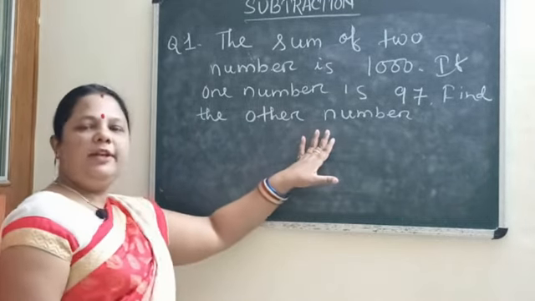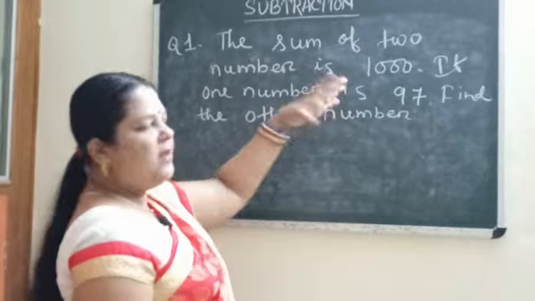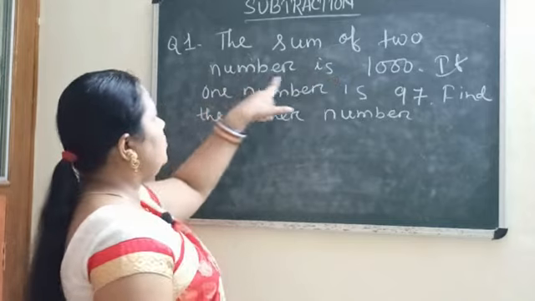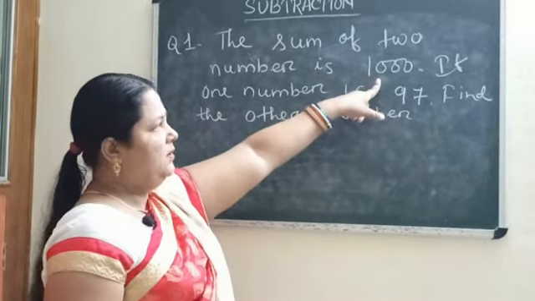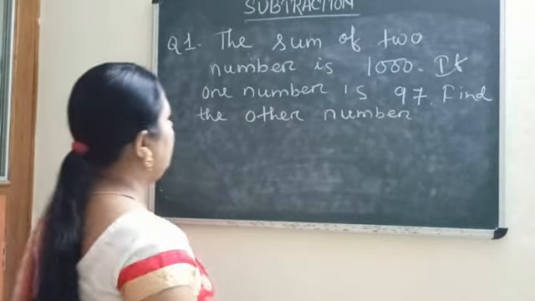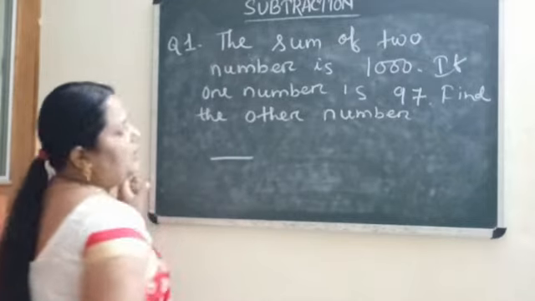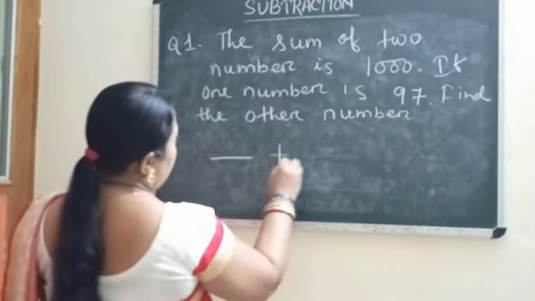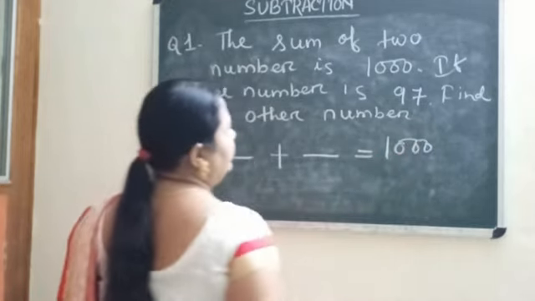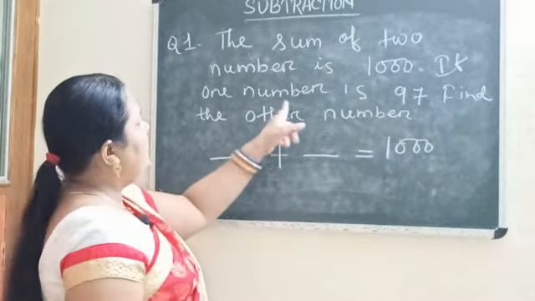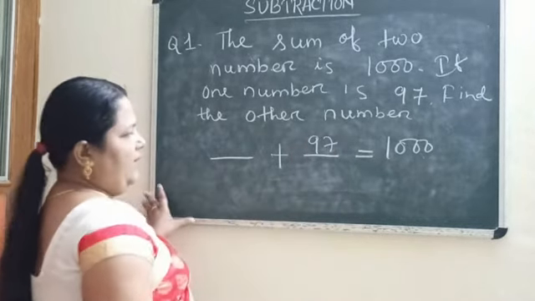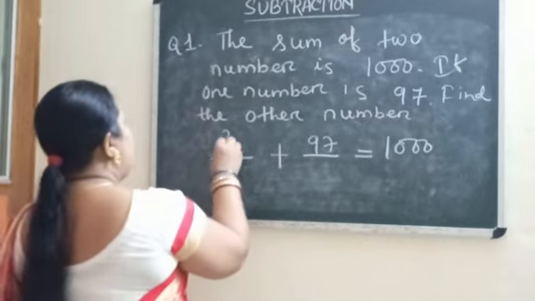This is a word problem. We have already discussed how to do word problems. In the statement we have to find out what is given in the question. The question is that the sum of two numbers is 1000. If one number is 97, find the other number. Sum means addition, we have already discussed. Suppose the question is: sum of two numbers equals 1000. If one number is 97, then find the other number. How much will it be?